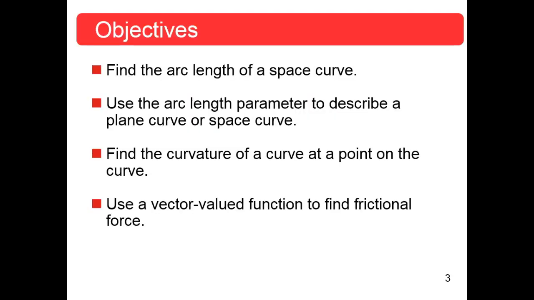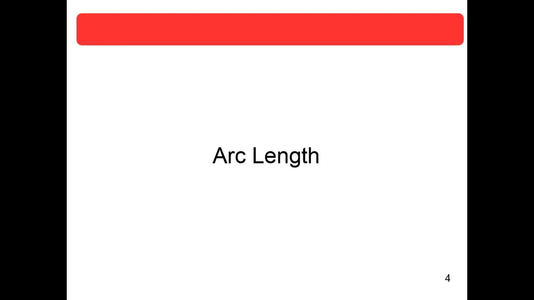Objectives for this section are to first find the arc length of a space curve, to use the arc length parameter to describe the plane curve or the space curve, to find the curvature of a curve at a point on the curve, and to use a vector valued function to find frictional force. That's an application type for that.